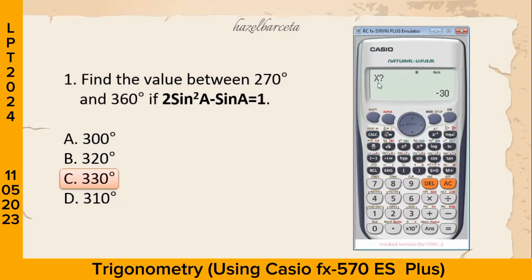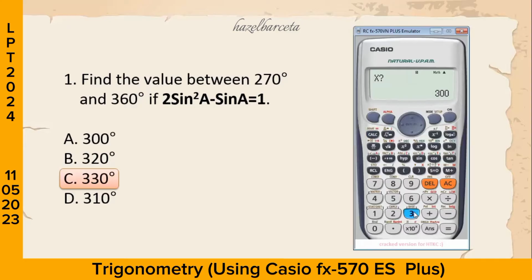At hihingan po tayo ng value ng x. Dito po sa value ng x, ang isusubstitute po natin ay ang ating options. Yung sagot po na lalabas dito ay 1, siya po yung ating correct answer dahil na-satisfy niya po ang ating given equation.